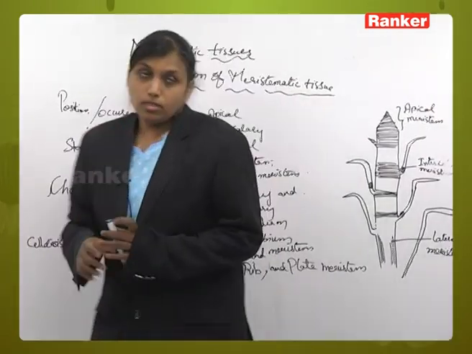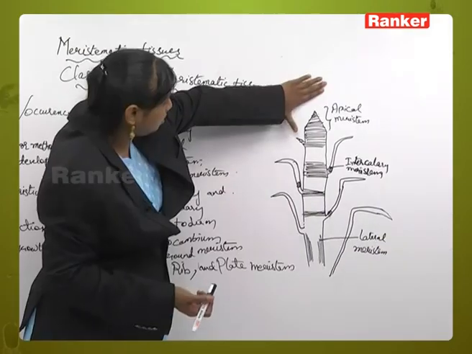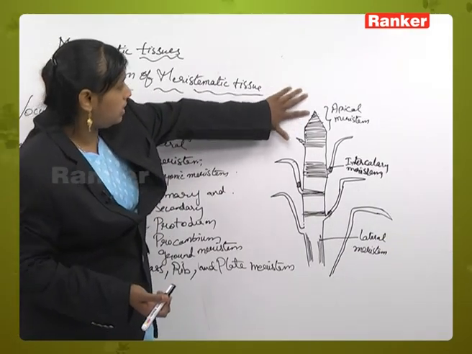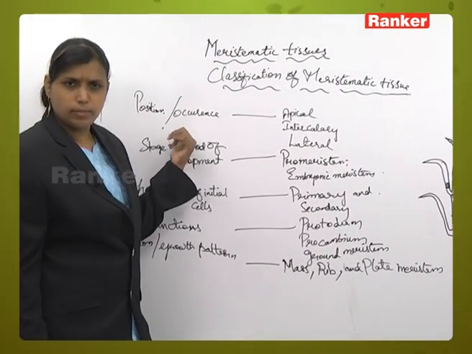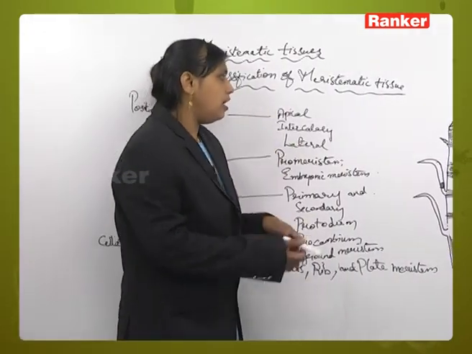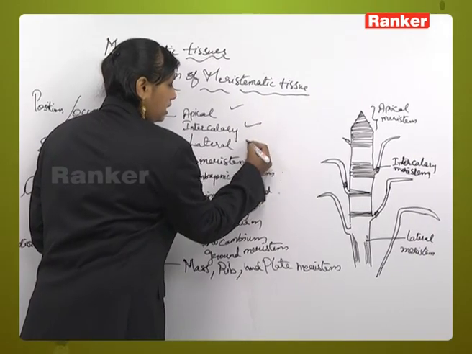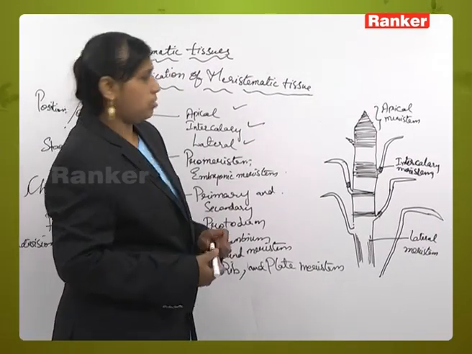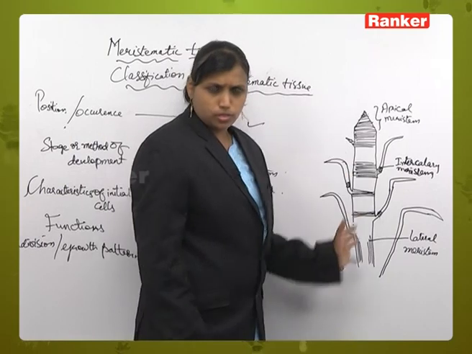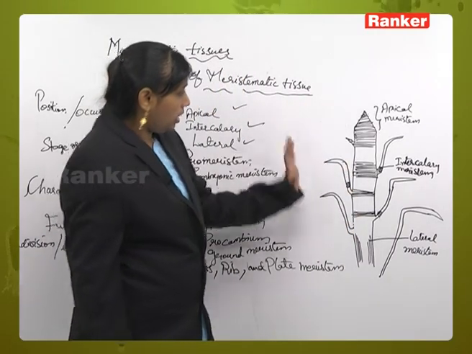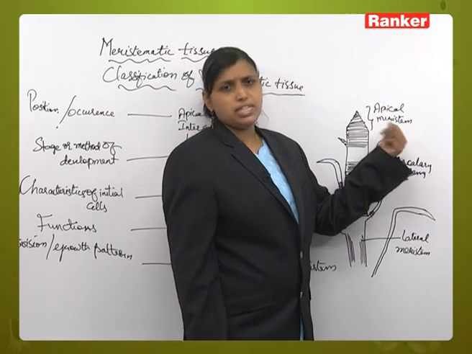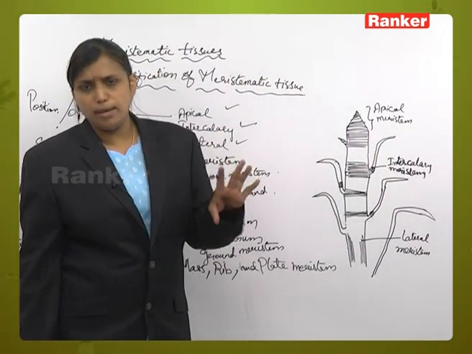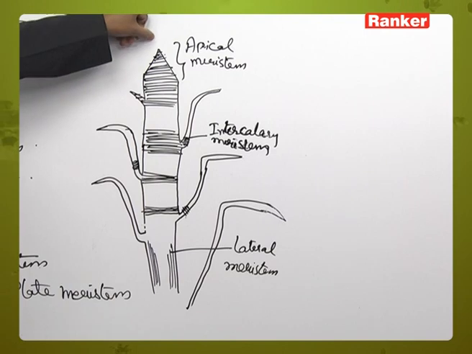Now, look at this diagram here. As we said earlier, on the basis of the position from where the meristematic tissue is occurring, there are three types: apical meristem, intercalary meristem and lateral meristem. Now, if we take the TS of a shoot, for example, all the apical meristems are the meristems present at the tips of the roots, stems, leaves, tip of the shoots.